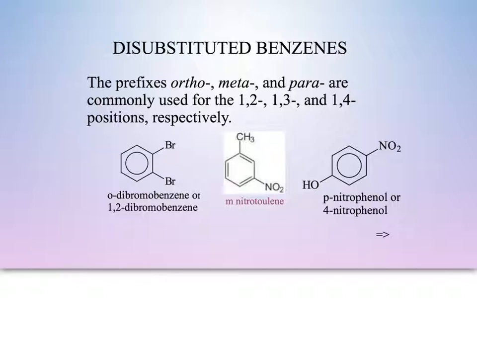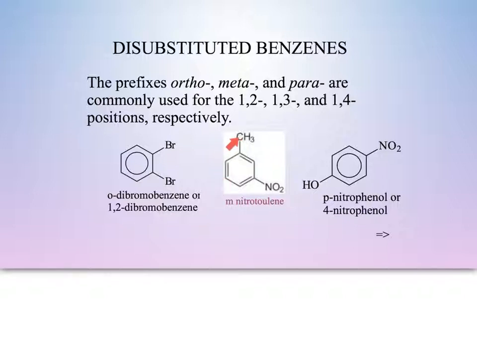Well, we can also use common prefixes for relating positions. So a 1,2 position is known as ortho, or O. And so we could name this as 1,2-dibromobenzene, or we could name it as O-dibromobenzene.